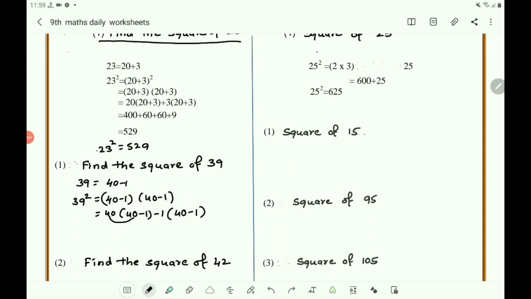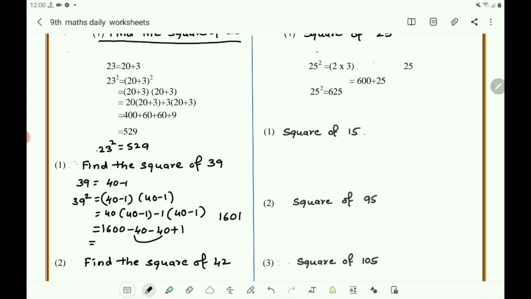40 into 40, you know that 4 4s are 16. 40 into 40 means you must put 2 zeros, 1600. And 40 into minus 1 is minus 40. Then minus 1 into 40 is minus 40. Then minus 1 into minus 1 is plus 1. Then 1600 plus 1 is 1601.